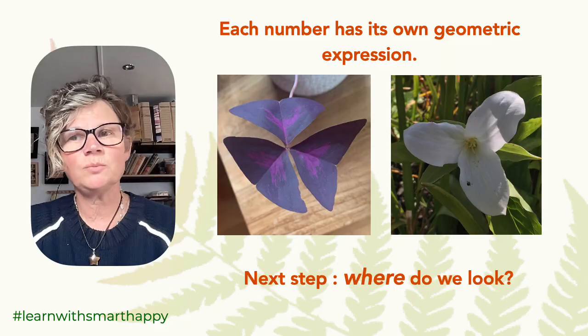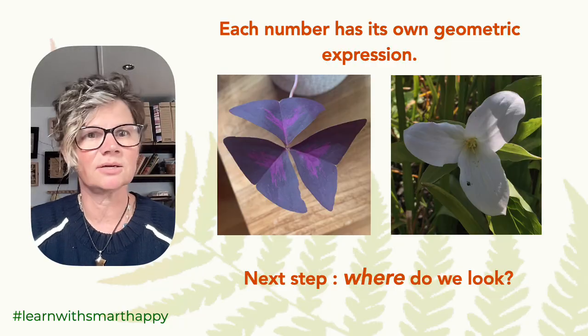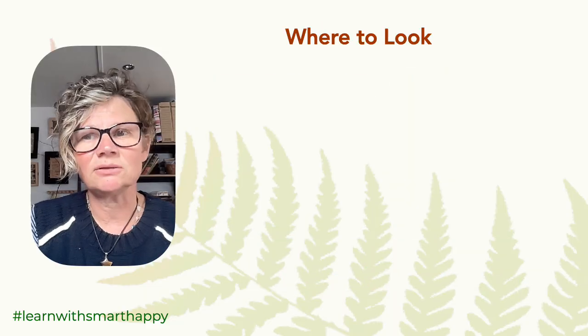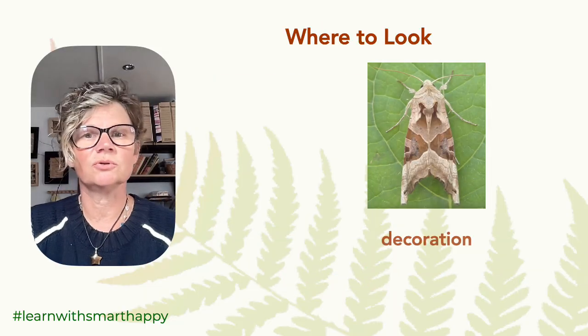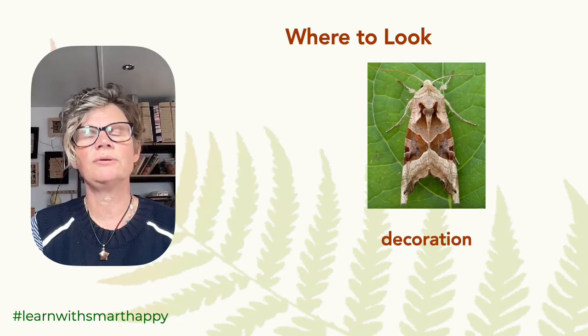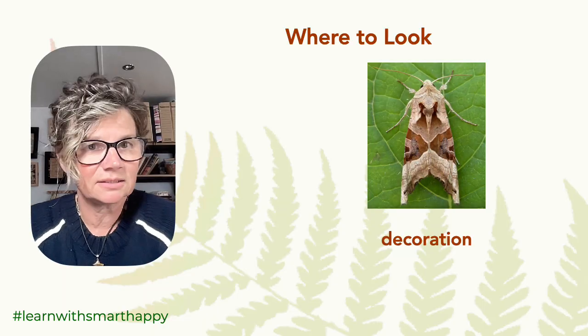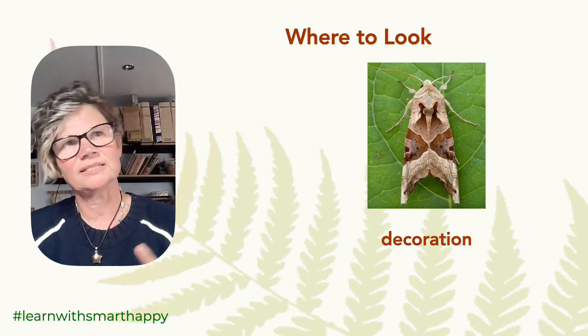So where do we look? Nature is abundant everywhere, and there's quite a lot of it. So I've tried to break it down into 3 areas that we can start to look for. The first one is decoration. There are quite a few specimens where we see patterns and leaf markings, tree bark patterns, those kind of things.